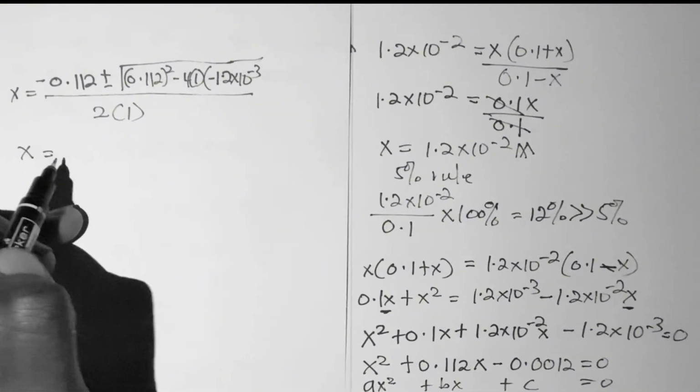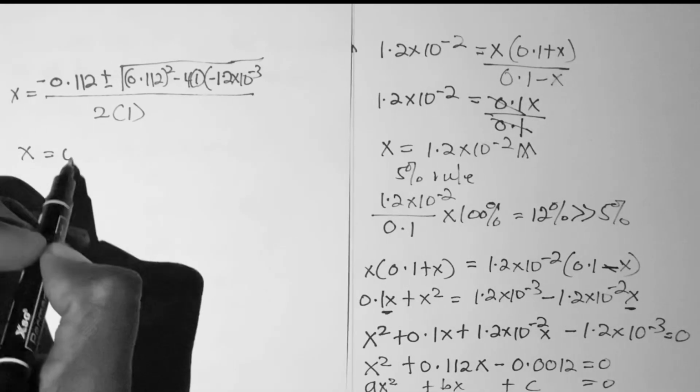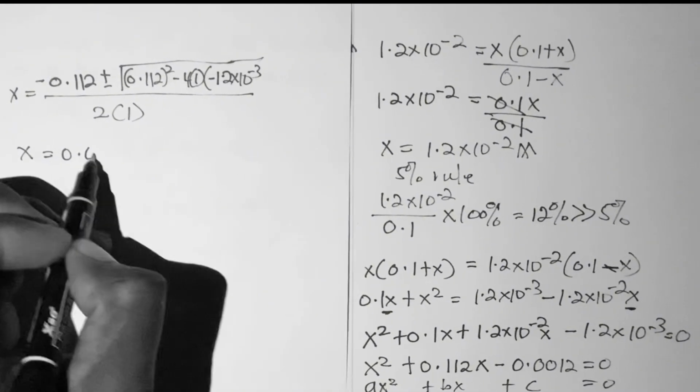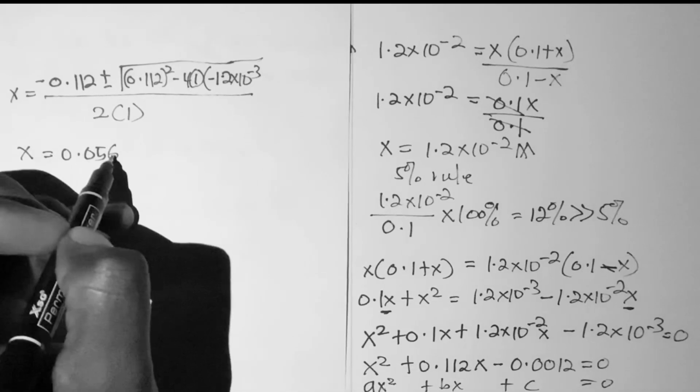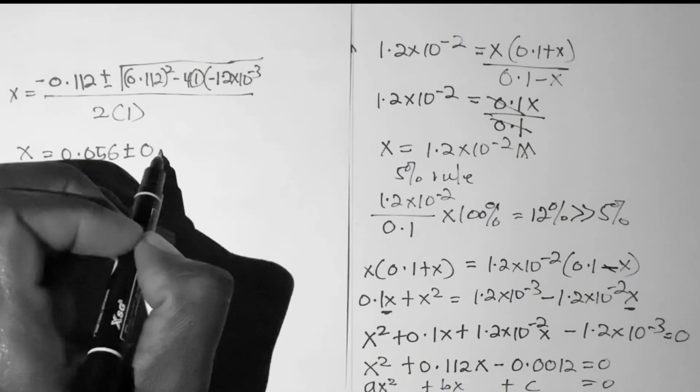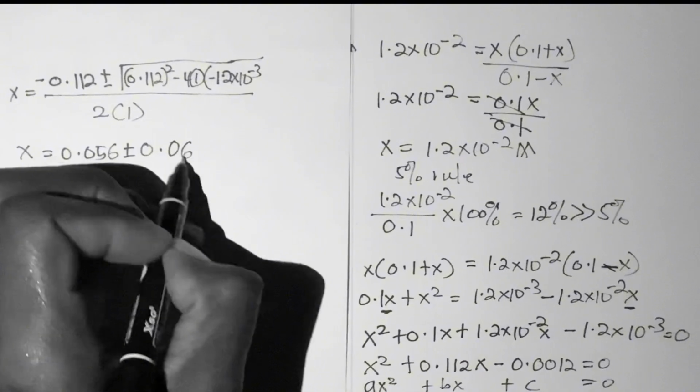So x is equal to, if you do this, you get minus 0.056 plus or minus 0.066.